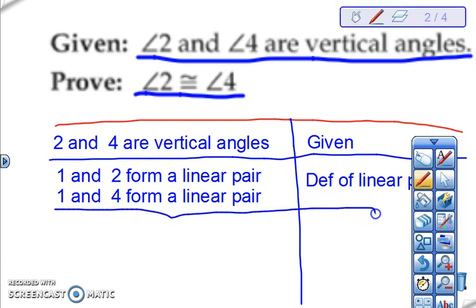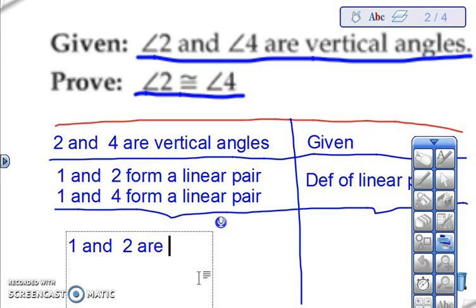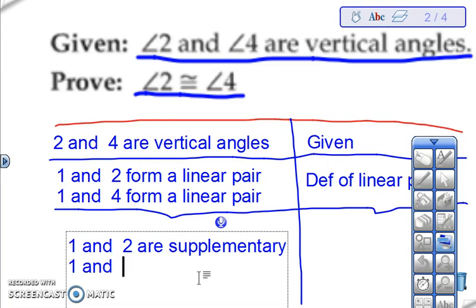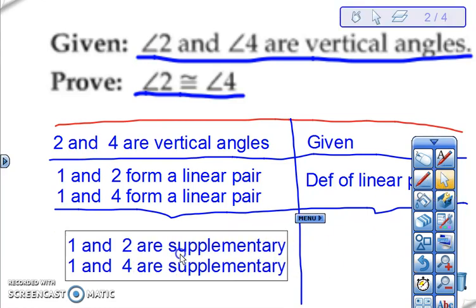Alright, next step. So we know from the previous page that all linear pairs are supplementary. And again, how did we know that?